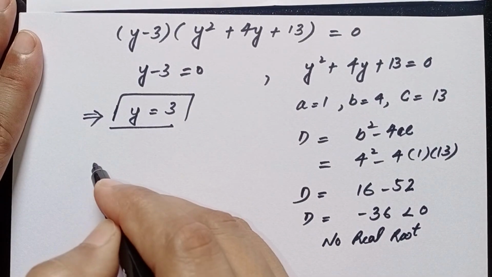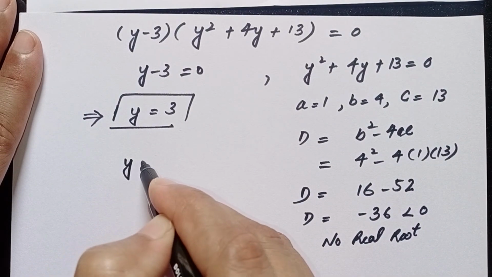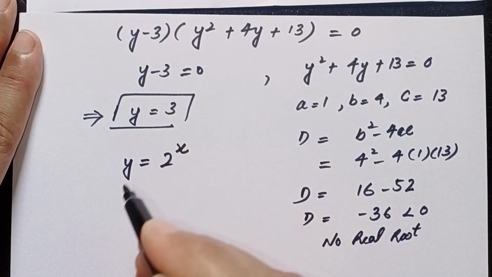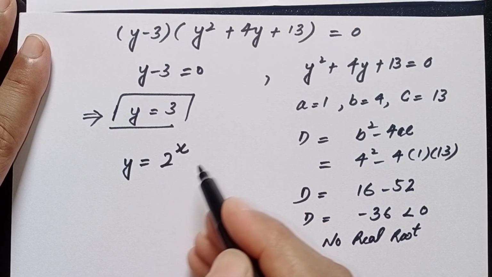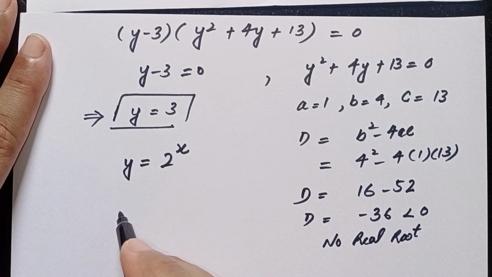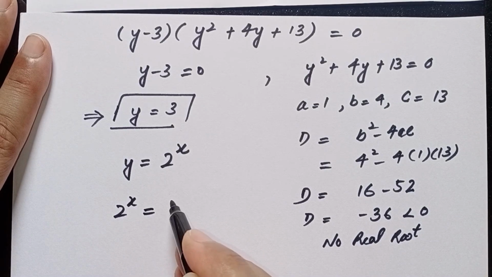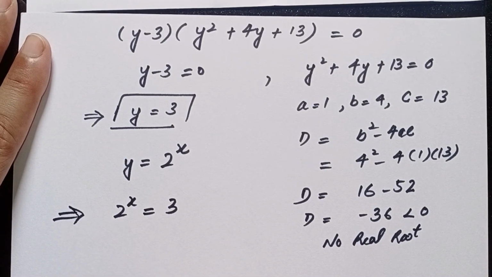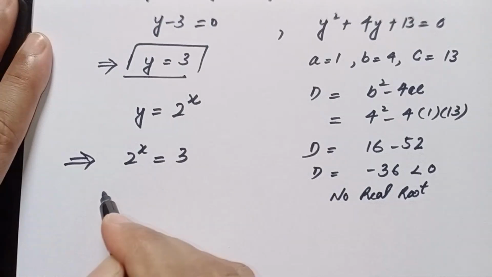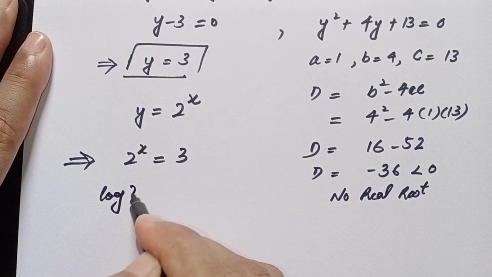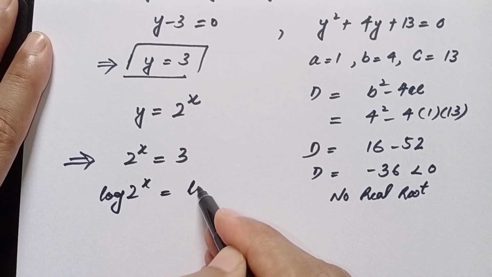So here we have y is equal to 3. Recall the substitution, y is equal to 2^x. By inserting the value for y, we write 2^x is equal to 3. By taking log on both sides: log 2^x is equal to log 3.